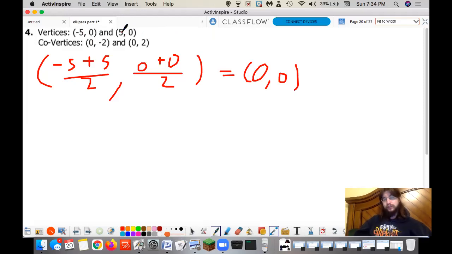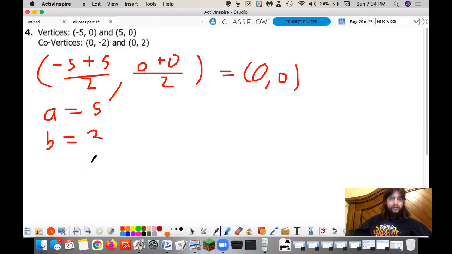We could use the full distance formula, but there's really no point. So I can see from my center to my vertex is 5. From my center to my co-vertex is 2. How'd you get that? Well, that's 5, 0, and that's 0, 0. So how do I get from 0 to 5? I go 5 units. How do I get from 0 to 2? I go 2 units. And we don't need our foci. There's no reason for it.